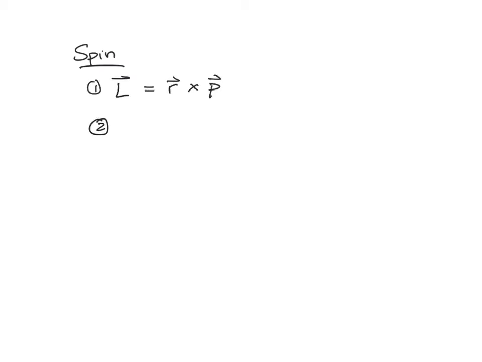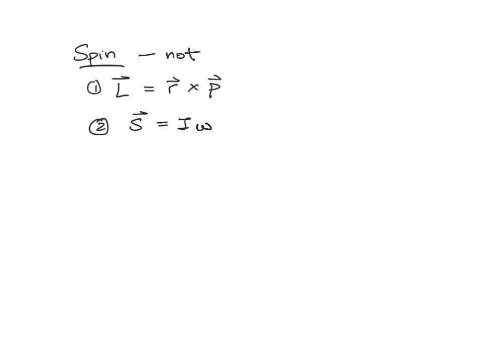And then the second thing we're going to start looking at here is the spin. In classical, it's the motion about the center of mass. That would be like the rotation of the Earth as opposed to the orbit of the Earth around the sun. In quantum, spin is not described by our position variables.